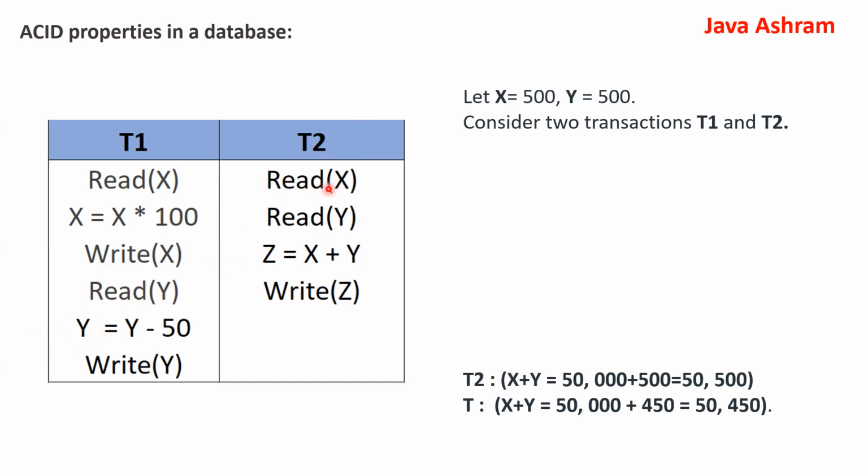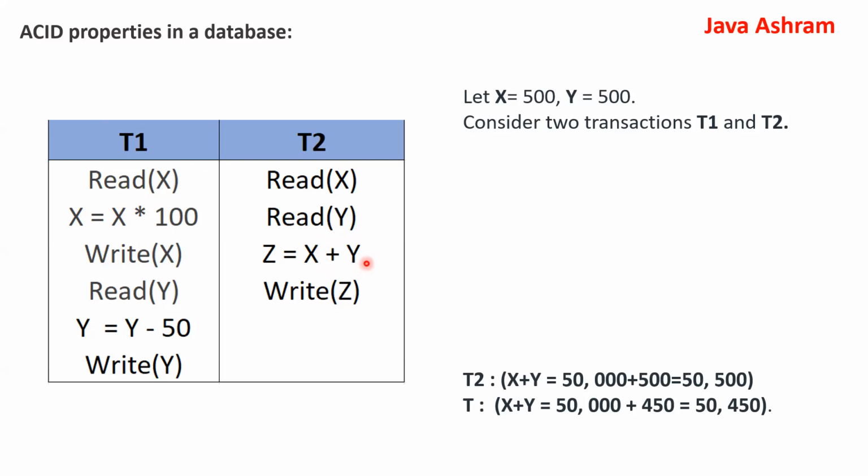So here, reading X will give 50,000 because we have the write X value over here, and reading Y will give 500 because this value has not been updated with the minus 50. So it will still be 500. X value is 50,000, Y value is, okay, what? It should have 450, right?